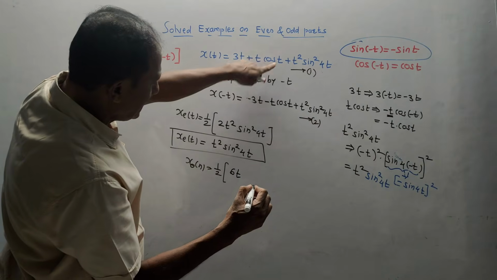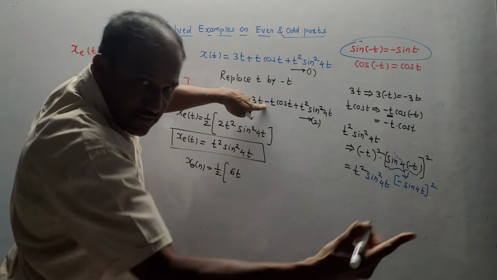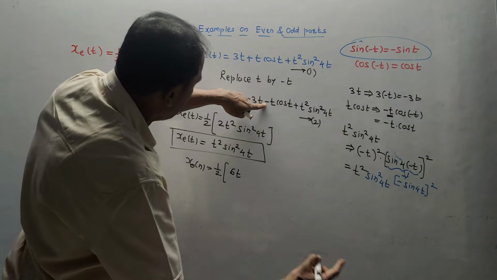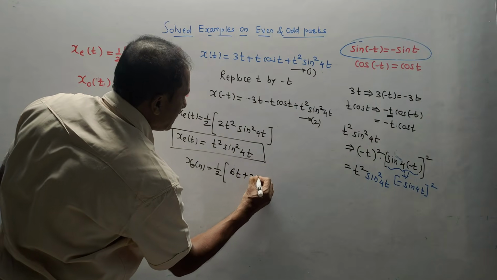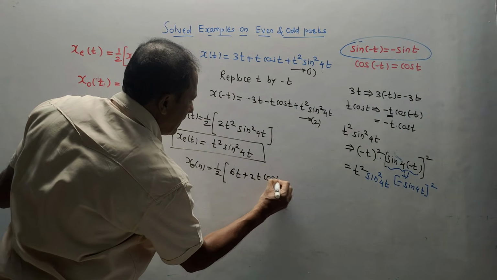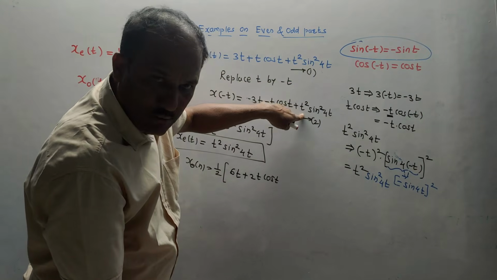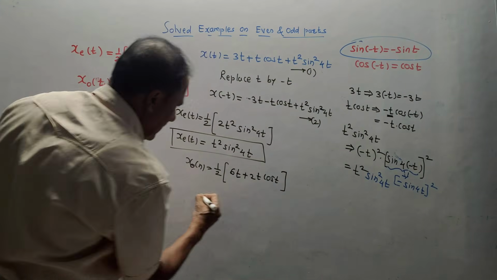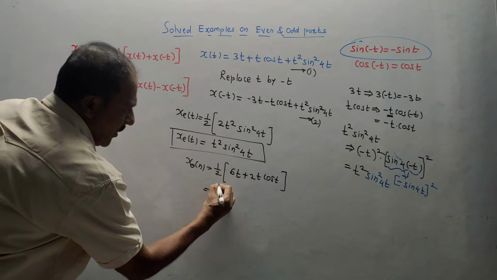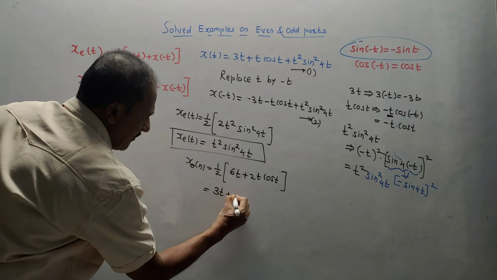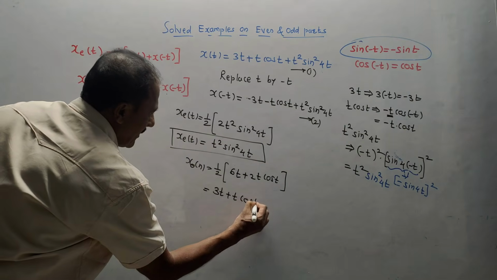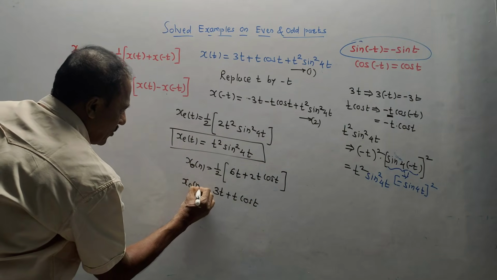Second term t cos t, this is minus, but we are again subtracting it, so minus of minus becomes plus, so it is plus 2t cos t. Third term t square sin square 4t minus t square sin square 4t becomes 0, so I am skipping it. Outside this bracket we have 1/2, so the answer is 3t plus t cos t. This is the odd part of the signal.